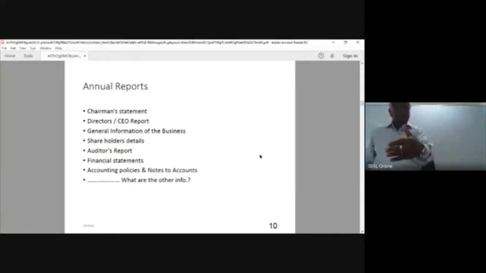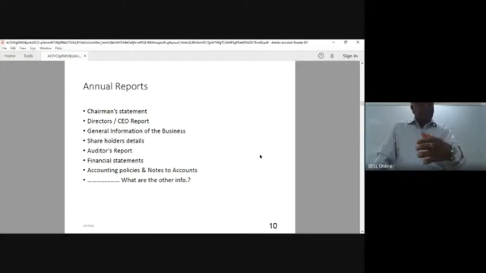Obviously, the chairman's statement will be there. Then the directors' or CEO's report. Then general information of the business. Then the shareholders' details. The auditor's report, with the audited financial statements annexed.